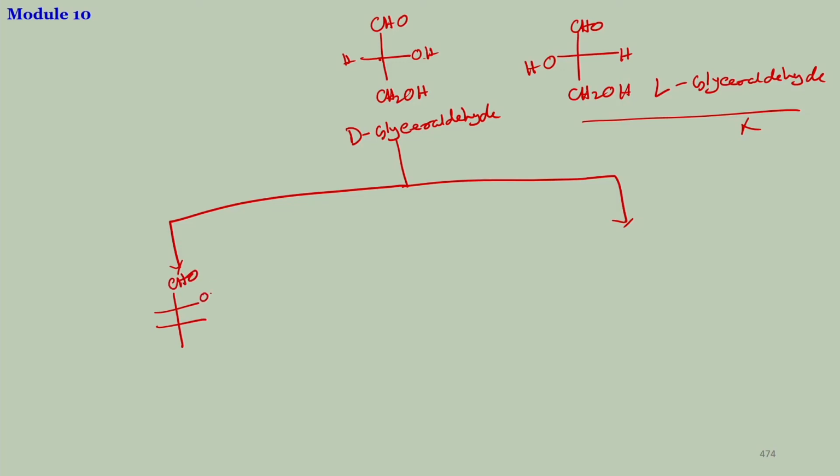CHO, this one remains as it is, D, because that is where the name comes from. The next one can have the same, or here it can be the opposite, OH, H, CH2OH.